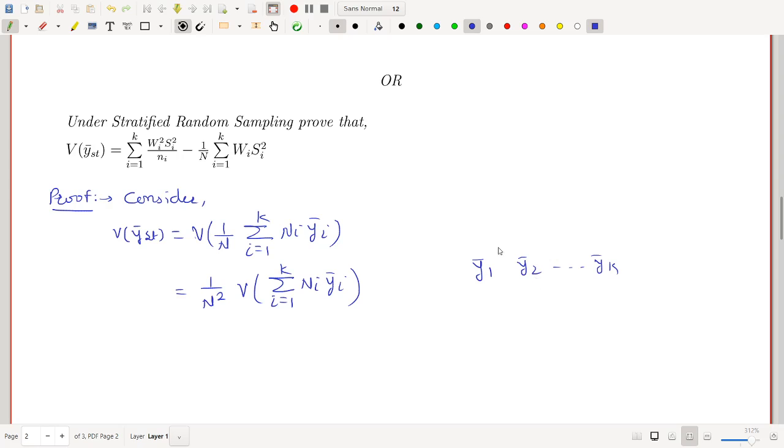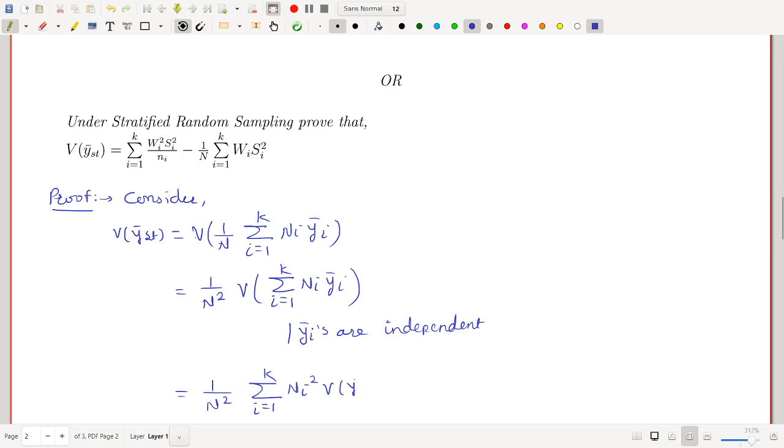One sample will not get affected by another sample. Alright, so we can say y bar i's are independent. So I can write this directly as 1 upon n square summation i running from 1 to k. This ni is constant, so I can write this as ni square into variance of y bar i.